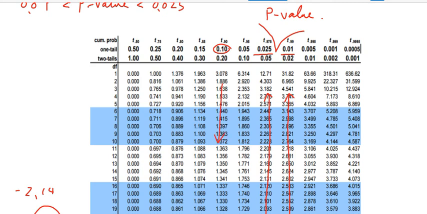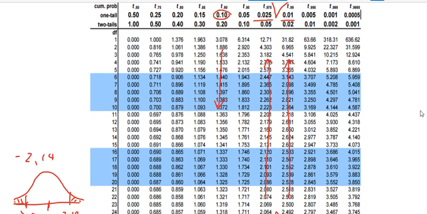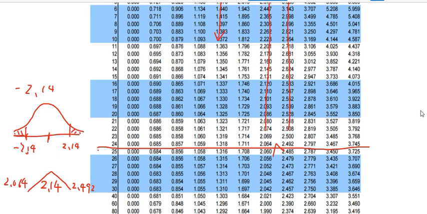So we find this 10%. This is the t critical value, 1.318. This is the 10% cutoff point.